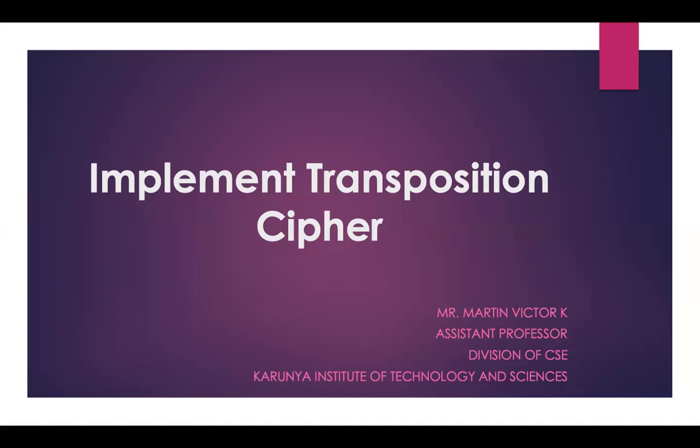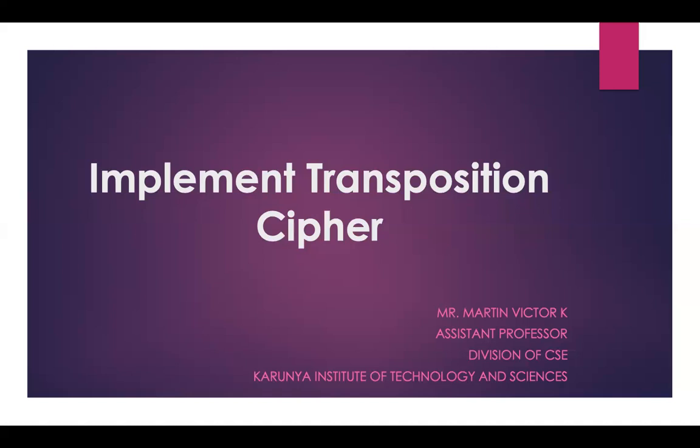Also, transposition ciphers reorder the units of the plain text according to a regular system to produce a cipher text. Actually, that is the permutation of the plain text. Okay, so this is the definition of transposition cipher.